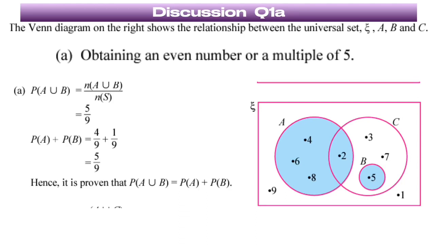The probability of event A and event B, when you add together, is also 5 over 9. So hence, it is proven that the probability of A or B is equal to probability of event A plus probability of event B.